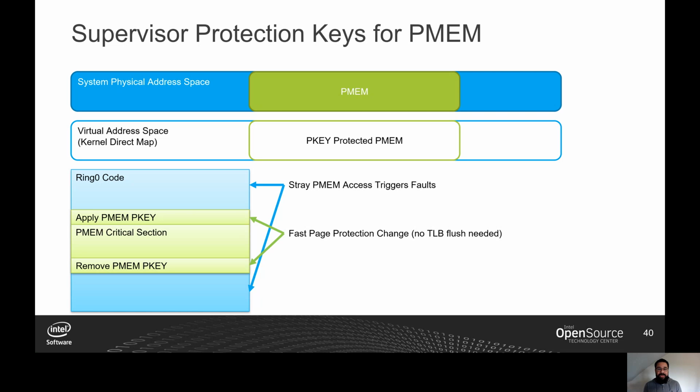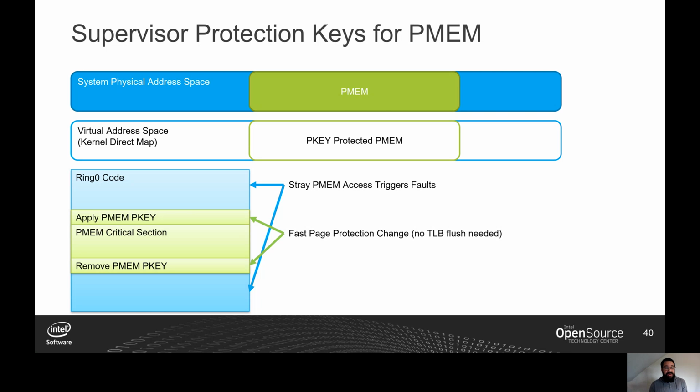And the plan is to mark the PMEM capacity as protected by a P key, a protection key. And the way that works is the page tables are updated to specify a specific key.